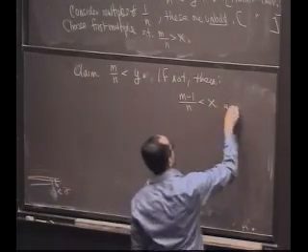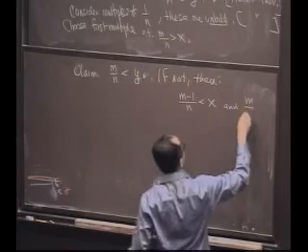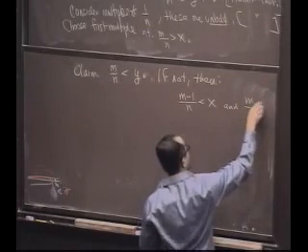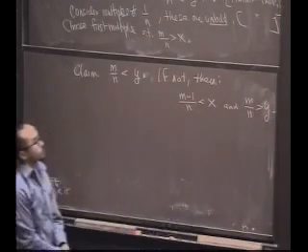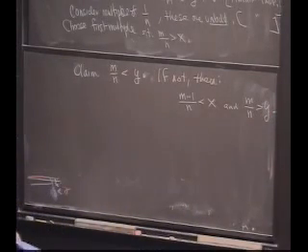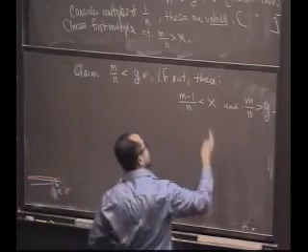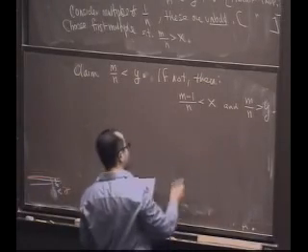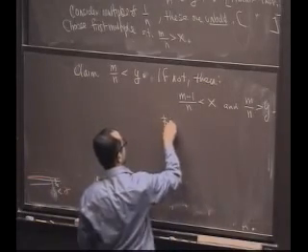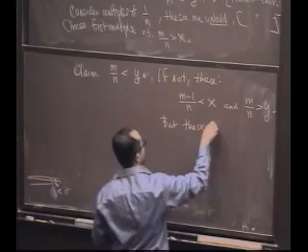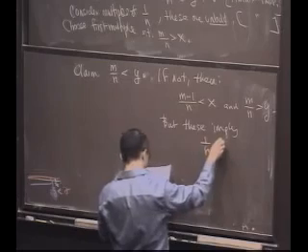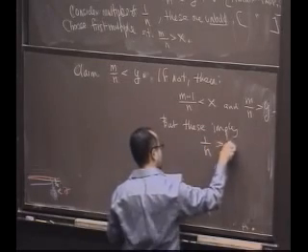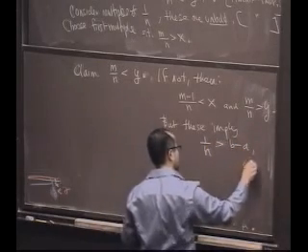And you'd have m over n bigger than y, excuse me. But these two statements imply that 1 over n is in fact bigger than y minus x, a contradiction.